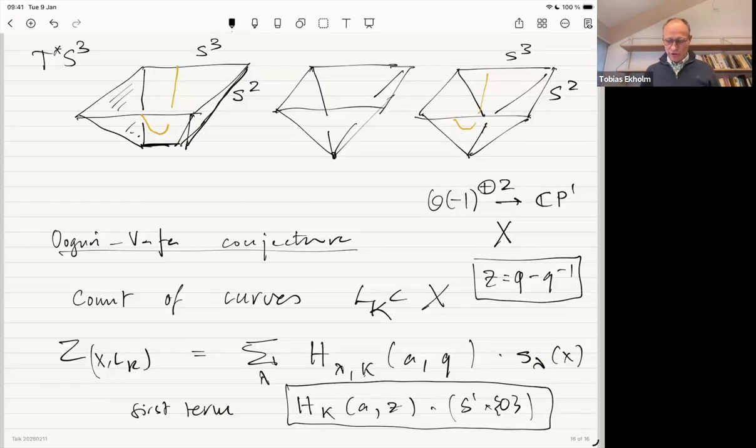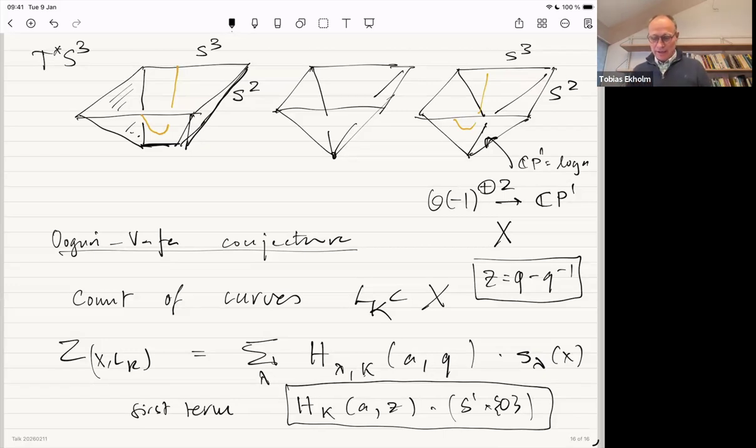And counting the curves means that now A, so this CP1 is somehow the logarithm of A, right? So we're counting curves in certain homology classes, and A tells us which homology class. So we get this enumerative interpretation, and this has been used a lot since 99, but it wasn't proved, and there was not even any real indication of proof. But from this Skein counting, we can actually prove it.